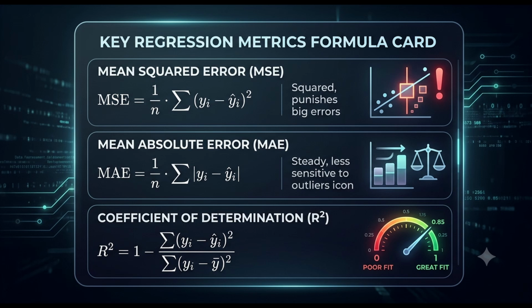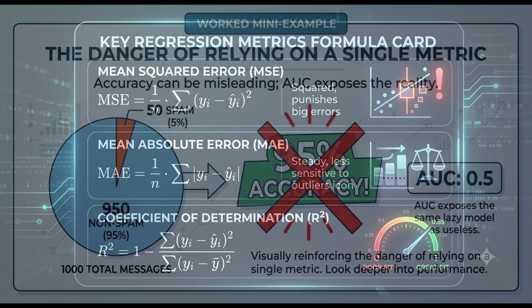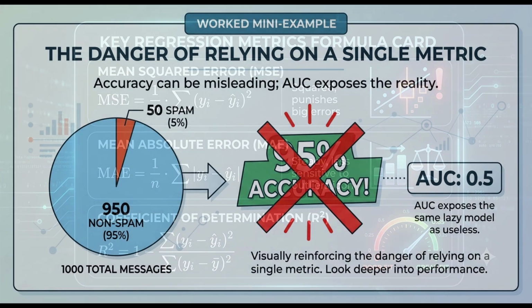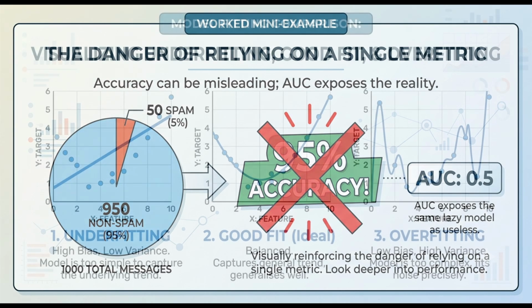Mean absolute error does something similar, but without squaring, which makes it steadier and less sensitive to extreme outliers. And the coefficient of determination, R squared, measures what proportion of the variation in the data the model is actually able to explain, giving you a score between 0 and 1, where values closer to 1 indicate a model that's making genuinely strong predictions.